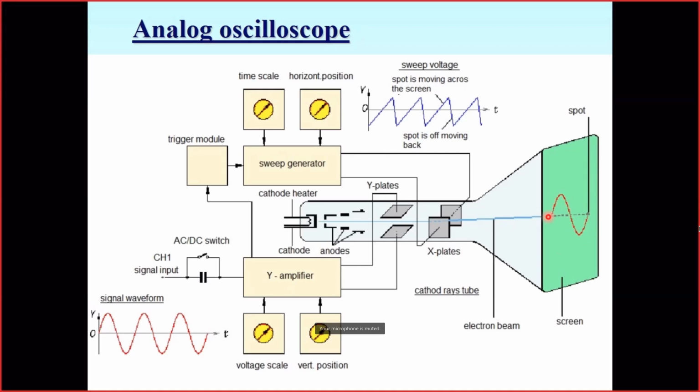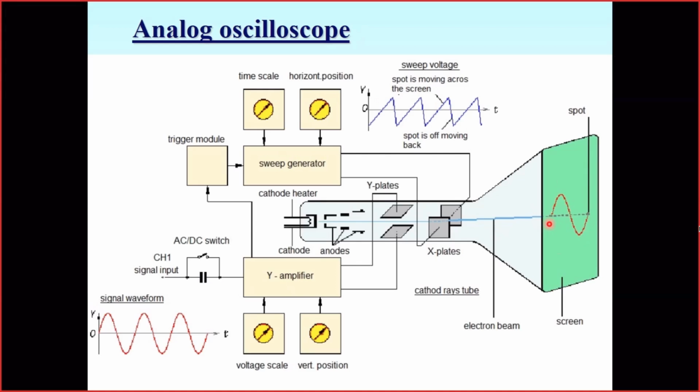In more or less qualitative scopes, at the moment when the sweep voltage reaches its maximum, the voltage applied between cathode and anode is switched off. By this we block the beam, and when the voltage falls from the maximal to minimal, we have no beam, so that's why we don't see the beam going back.